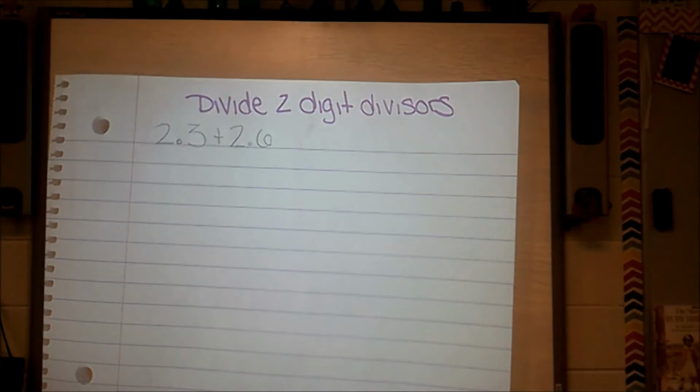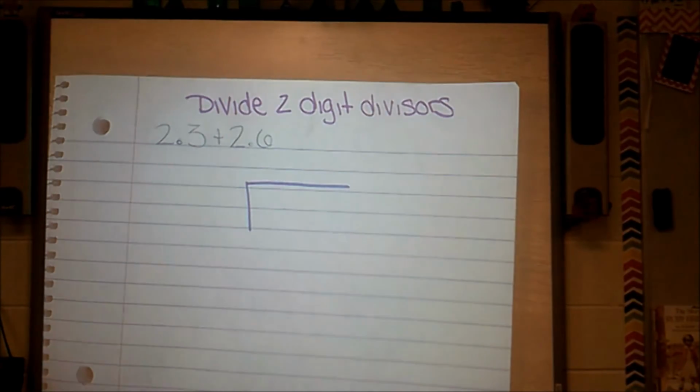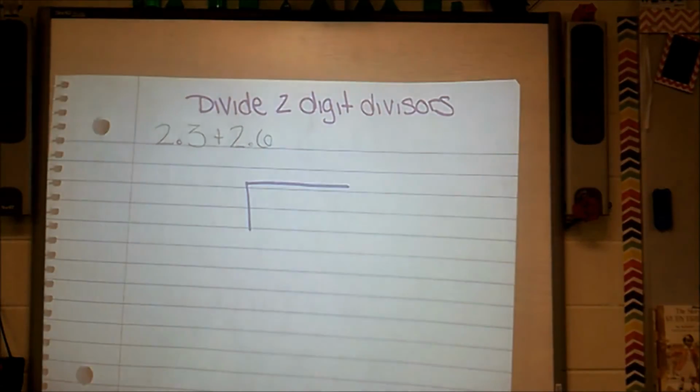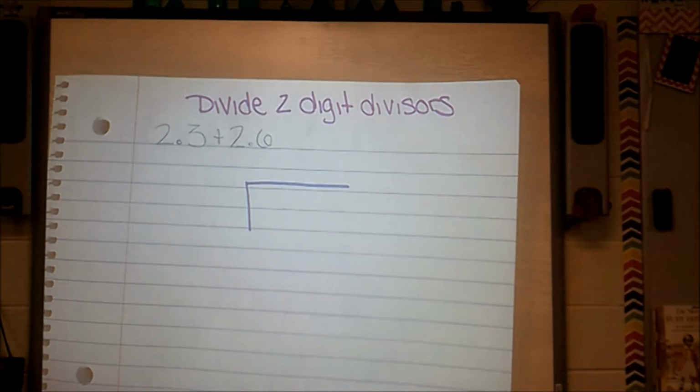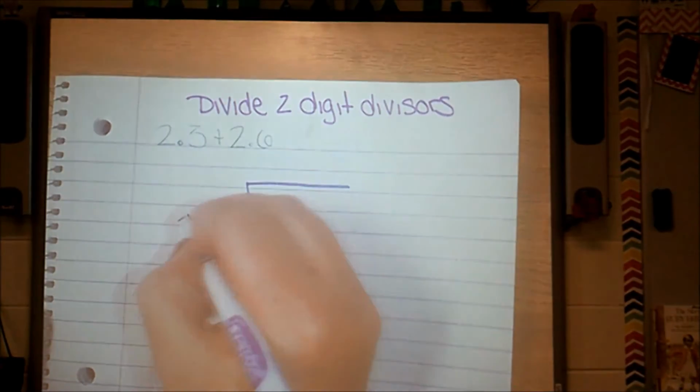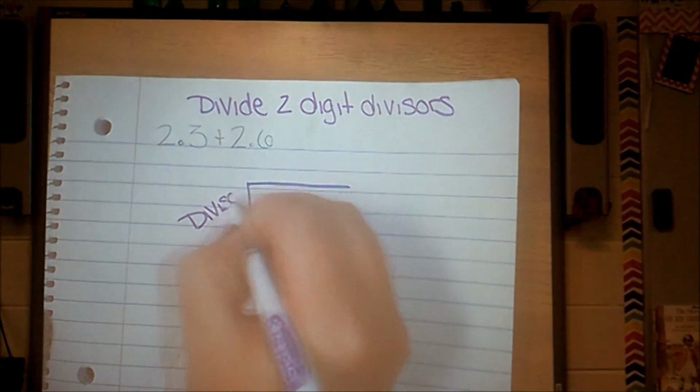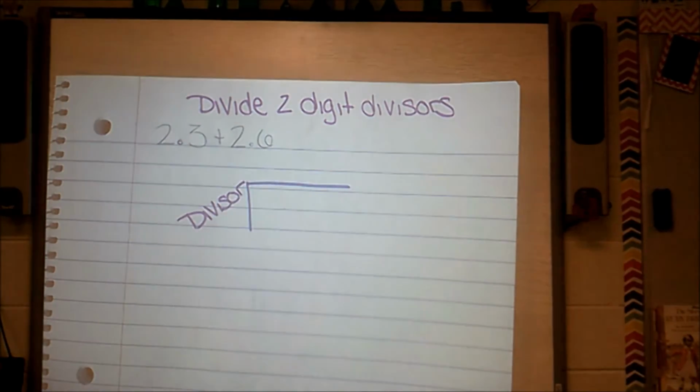So really quickly, let's review the names and the vocabulary that are established with each part of a division problem. Give me a nice big cave. And on the outside of the cave, over here, I want you to write divisor. Because that number out there is your divisor.